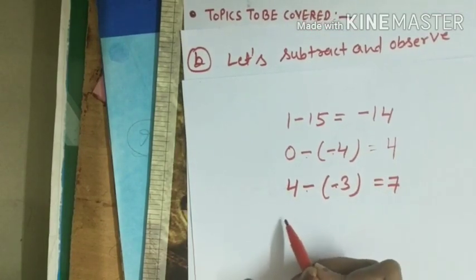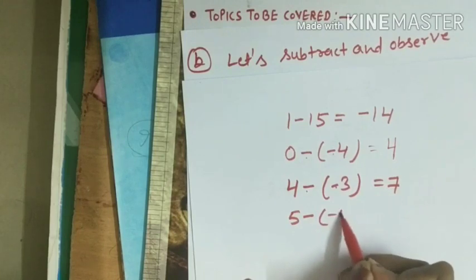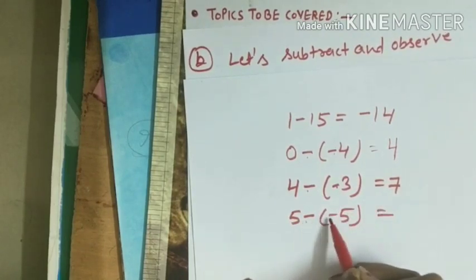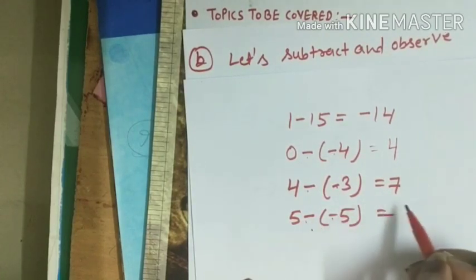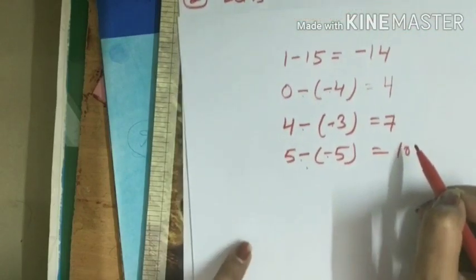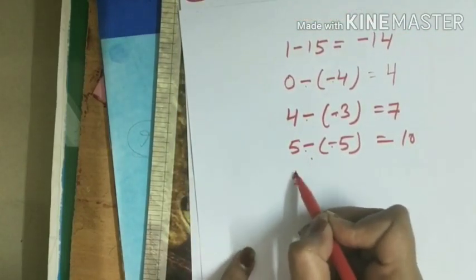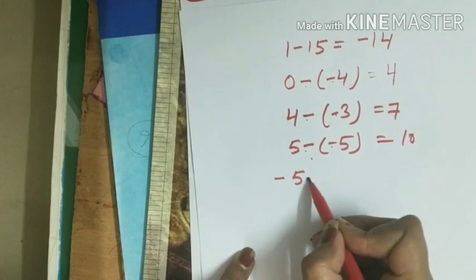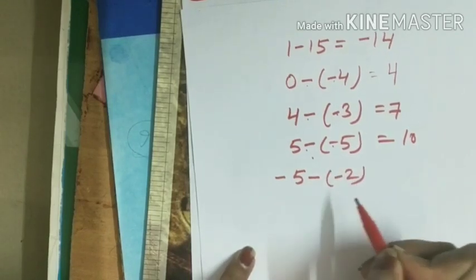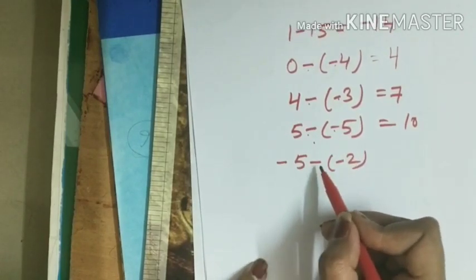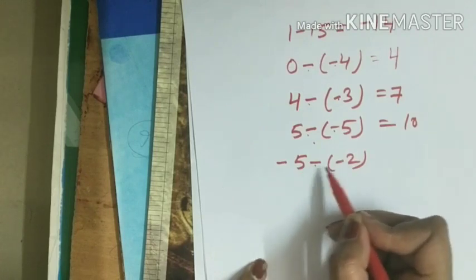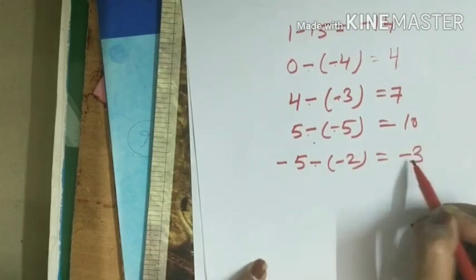If I write 5 minus 5, 5 plus 5, 10. Again if I write minus 5 minus 2, minus 5 plus 2, minus 3.